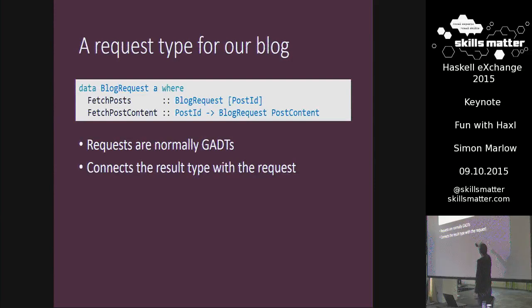So in the case of fetching the posts, which corresponds to GetPostIds, we're returning a list of PostId. And for FetchPostContent, which takes a PostId as an argument, it returns the post content. So this is quite common when you're making a data source. You have multiple different requests, and each of those requests has a different result type. So making a GADT maps very nicely to that style.